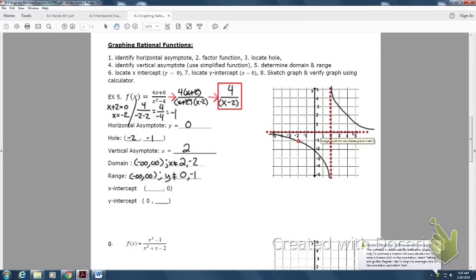No. So underneath this graph, since this is the first time we've done this, let's go ahead and write this. This is going to be the blueprint of how you're going to write your domain and range. It's going to be all real numbers. That's the same as negative infinity to positive infinity. But x does not equal your vertical asymptote and the x value of the hole.